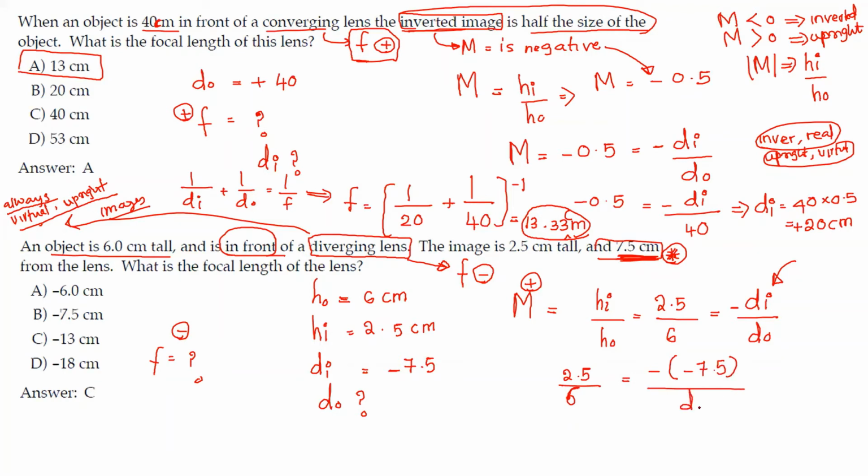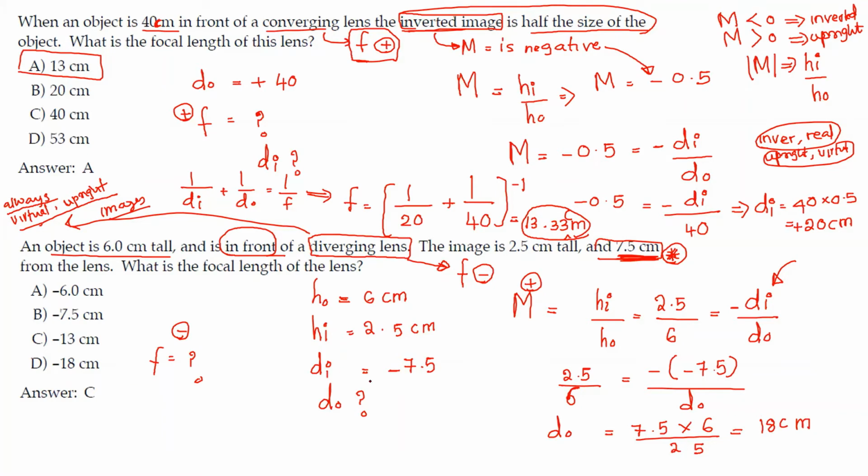D naught is what we need to find. So this negative and this negative will become positive. If you calculate this, I have got 18 centimeters.